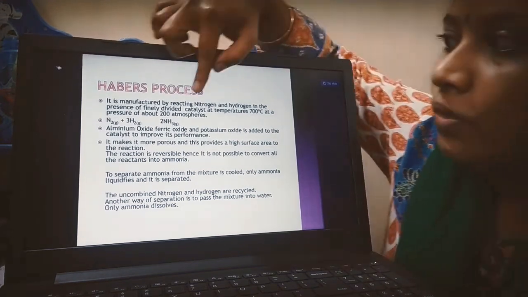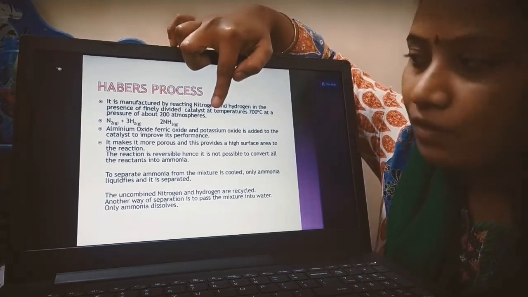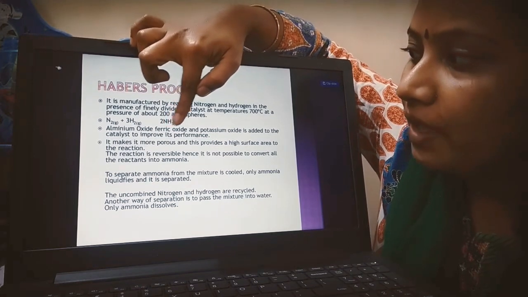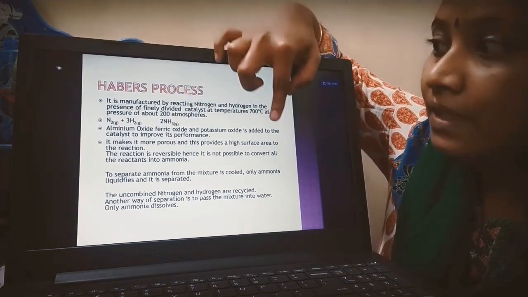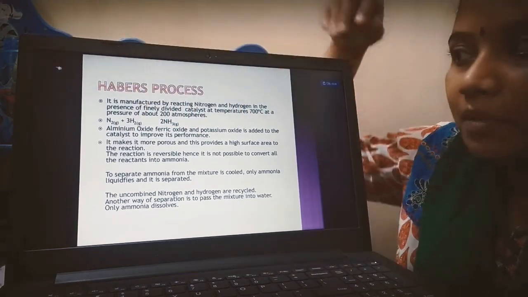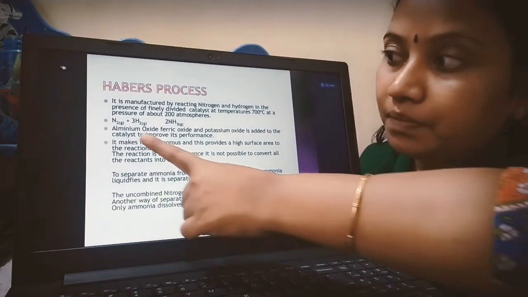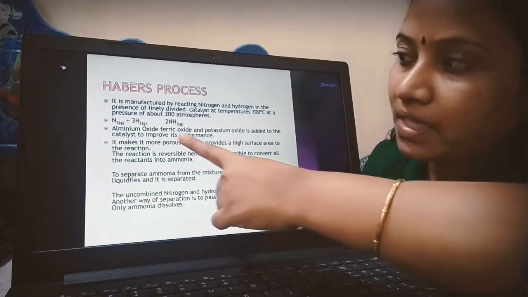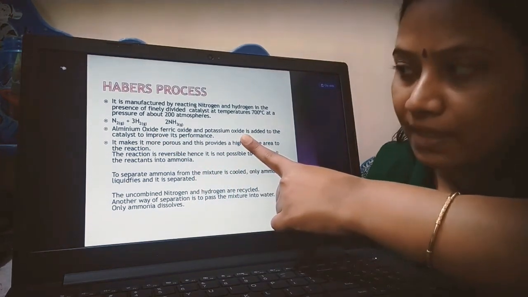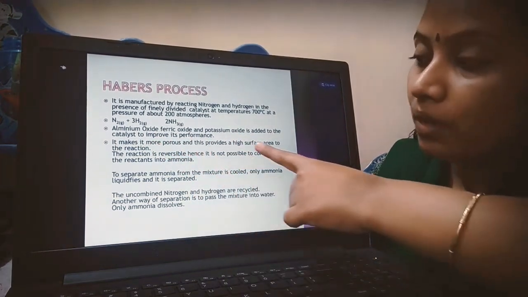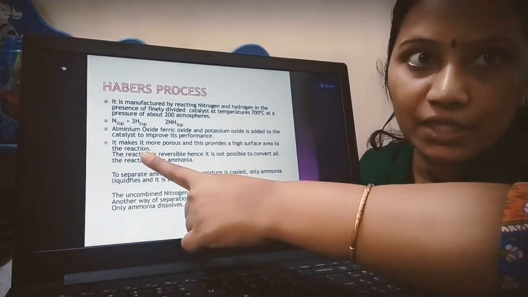Now, I told you a finely divided catalyst should be added. What is that catalyst? It is nothing but your ferric oxide and potassium oxide that is added as a catalyst so that the performance will be improved further. Now, the reason for adding aluminium oxide, ferric oxide and potassium oxide is that they make it porous, so a high surface area will be provided for the reaction.